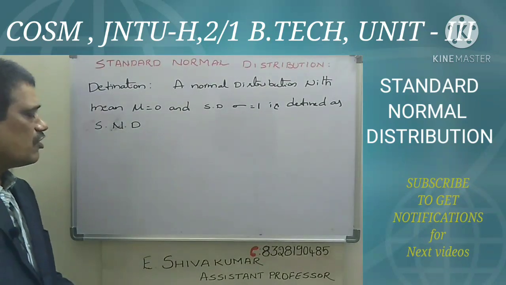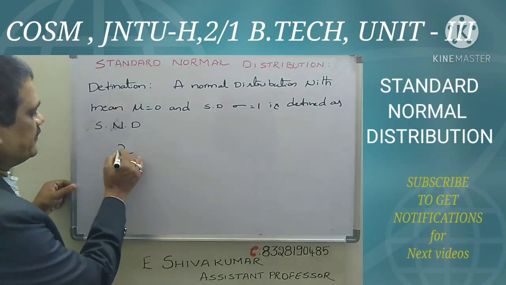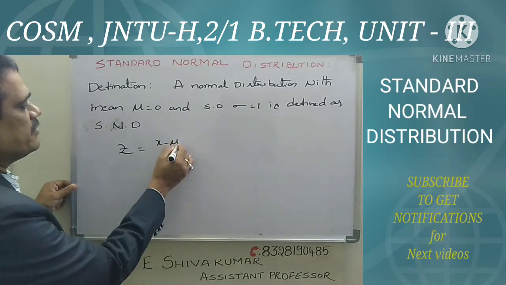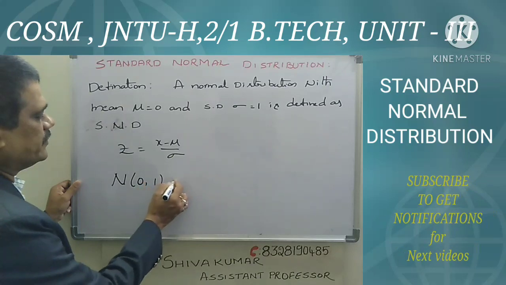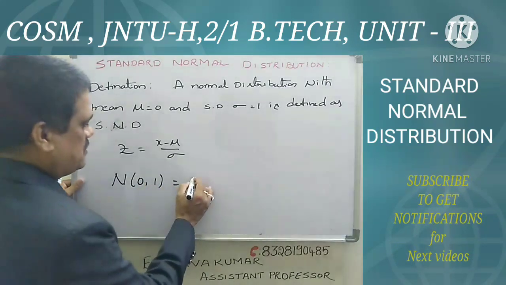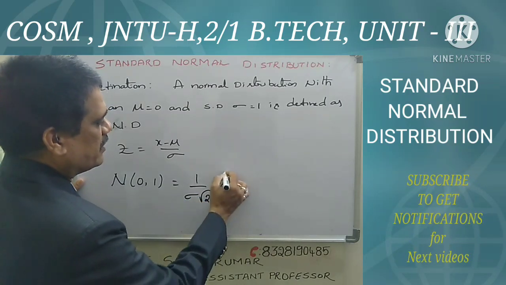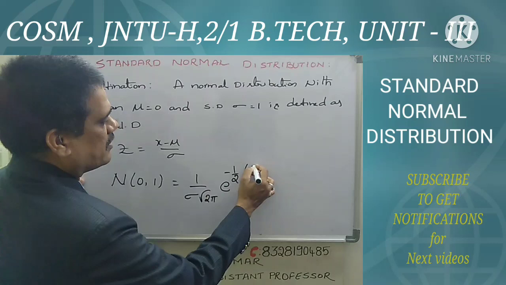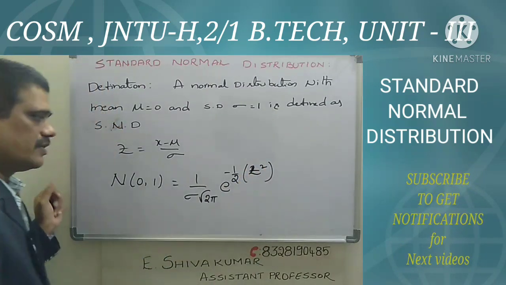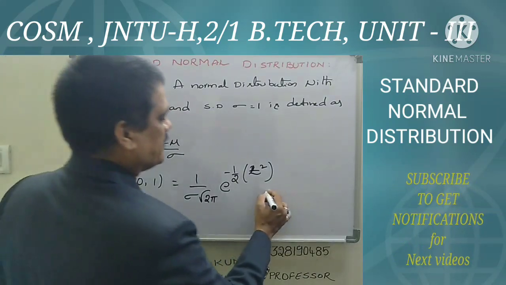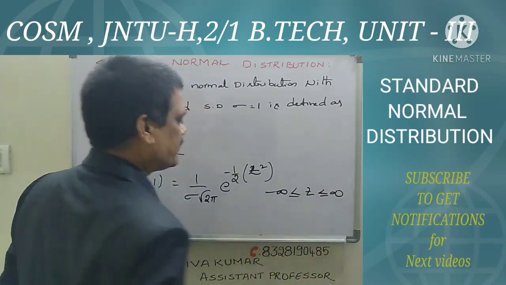The variable of the standard normal distribution we always denote with z. This z is nothing but x minus mu divided by sigma. The density function is f(z) = 1 by root 2 pi into e to the power of minus 1 by 2 times z square, where z lies between minus infinity and infinity.